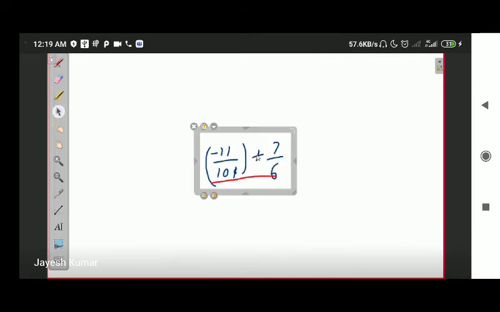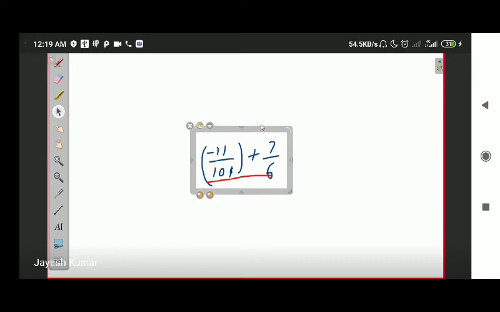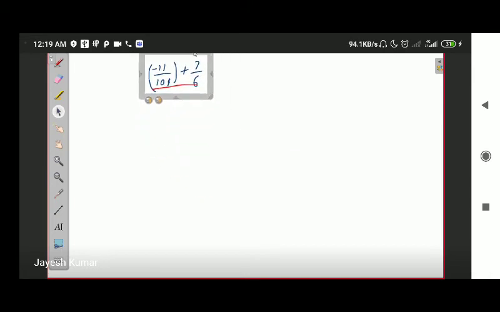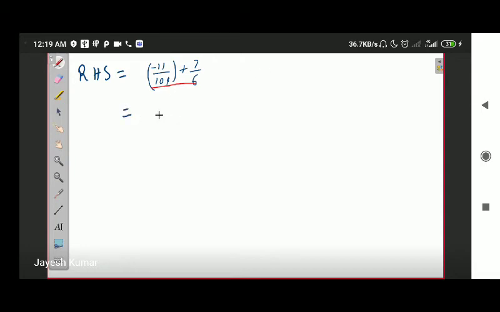Okay, this is our RHS. I'm starting it on the next page. RHS is equals to this one. We have to simplify it and prove that both the RHS and LHS are equal. We have already taken the LCM, so I am not going to repeat the procedure.